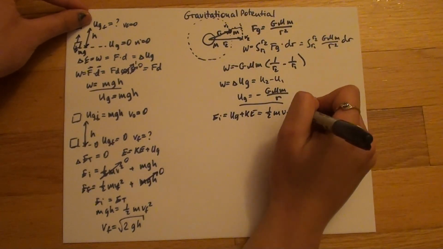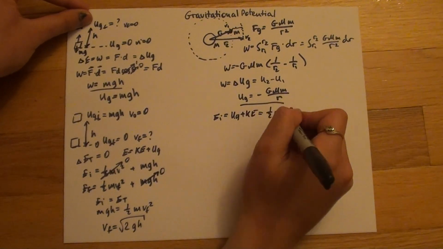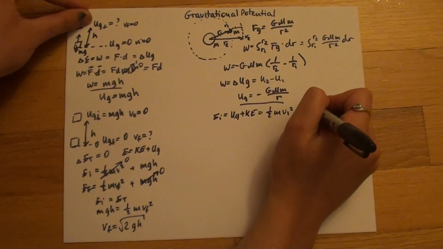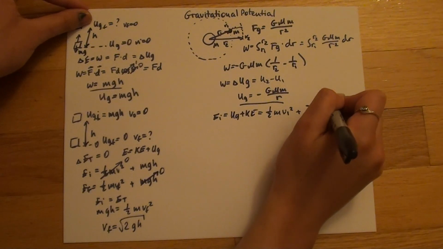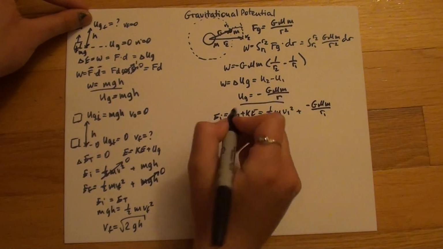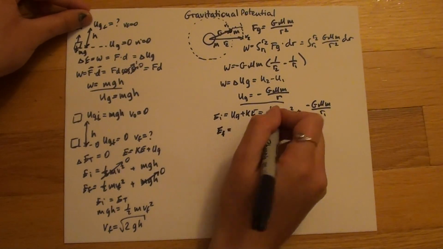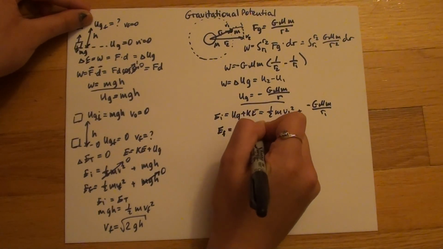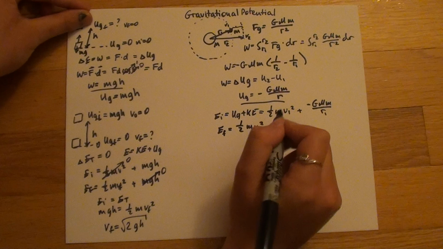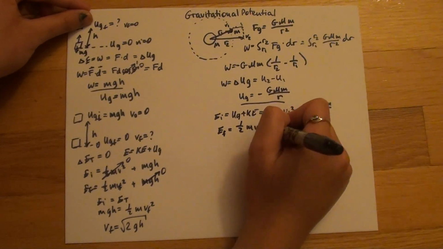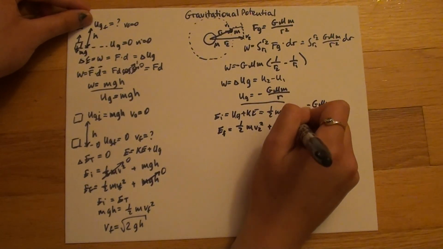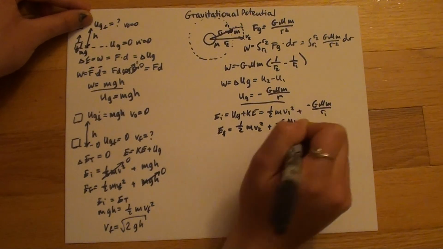That is the kinetic energy, and the gravitational energy would be negative GMm over r1. And the final one would be 1/2 m v2 squared plus negative GMm over r2.